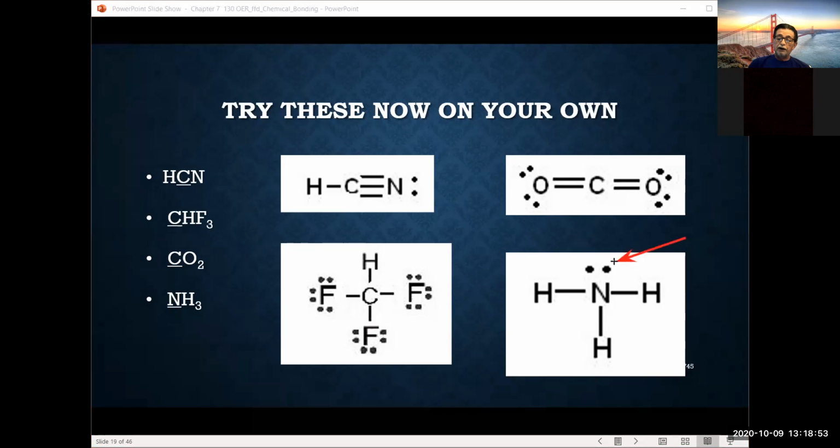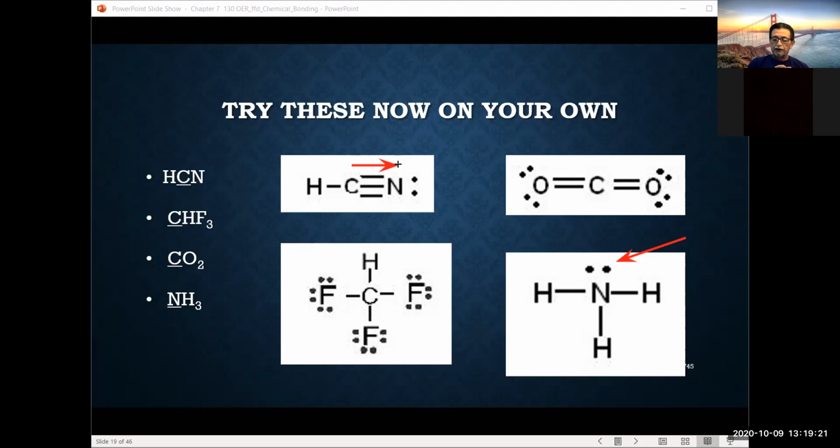When you have a lone pair in the central atom, either 1 or 2, always without question, you have a polar bond. If we look at the next example, on the left corner, we have hydrogen cyanide. If you look at each bond between the carbon and nitrogen, 2 different elements, therefore we have a polar bond.